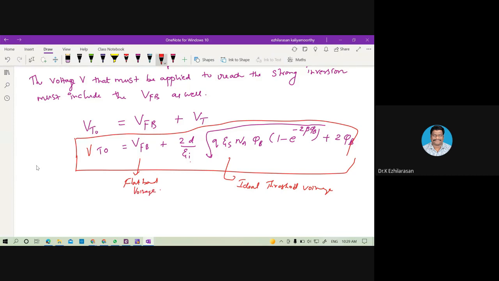This is about the calculation of threshold voltage.